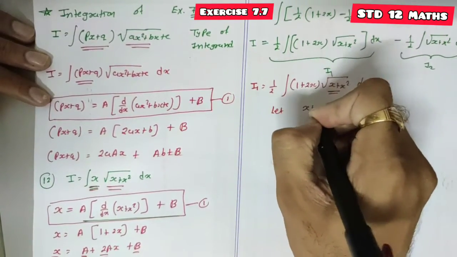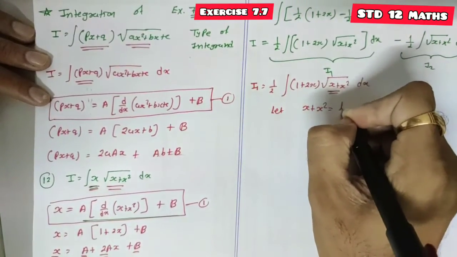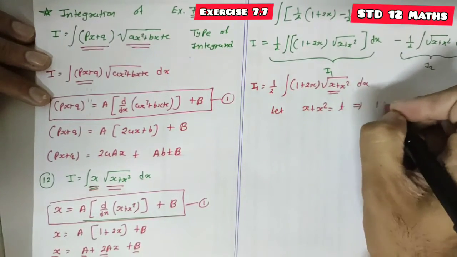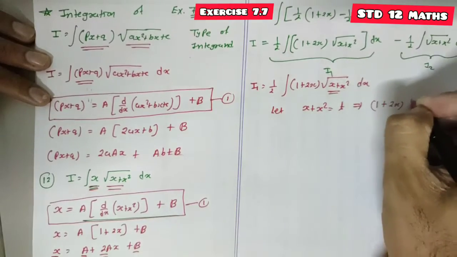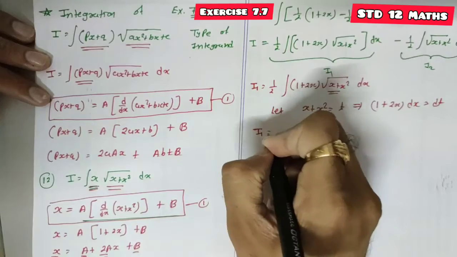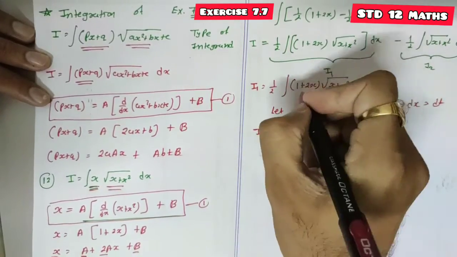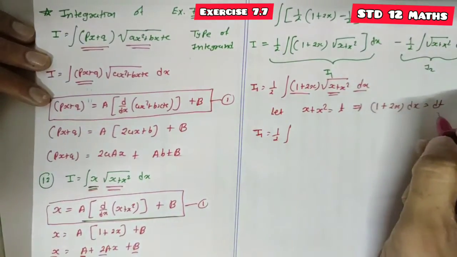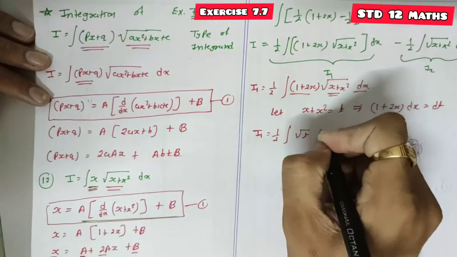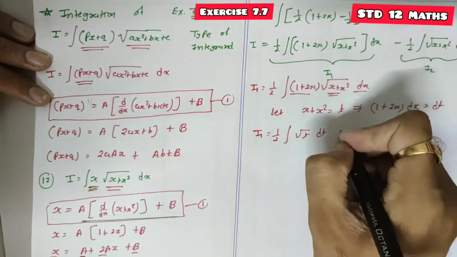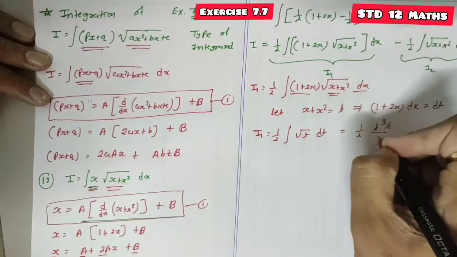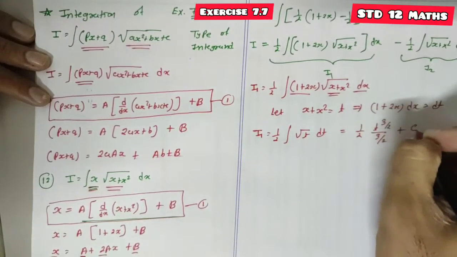So let x plus x square equal to t. After differentiation on both sides, we get 1 plus 2x dx equal to dt. So integration I1 is 1/2 integration of (1 plus 2x) dx, which is equal to dt, and this is square root of t dt, and this integration is 1/2 t raised to 3/2 upon 3/2 plus c1.